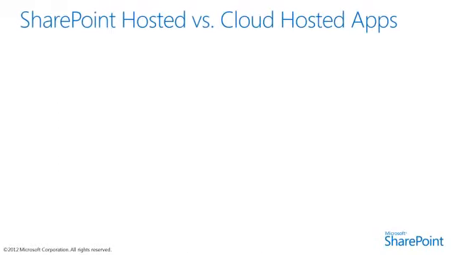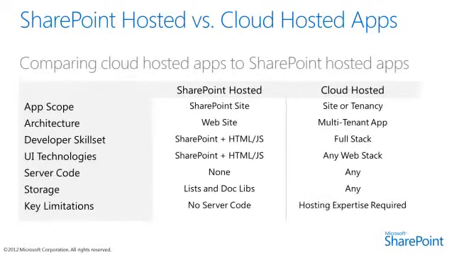Now when choosing your app hosting model, there are a few things that you'll need to compare to make a decision on what the target for your app will be. A SharePoint hosted app is scoped only to the SharePoint site where the app is installed. For cloud hosted apps, you have a lot of choice.